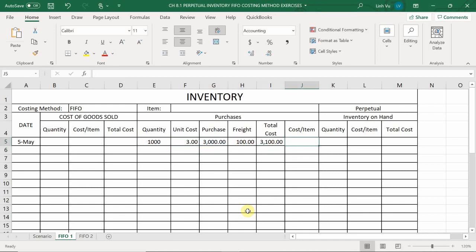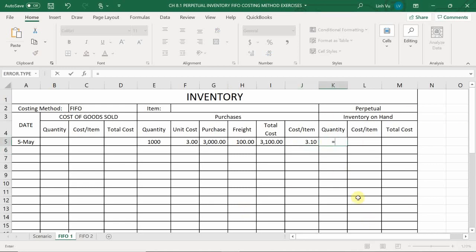And 3.1, right? It's going to cost me $3.10 for each item here. Because we have this batch of inventory, I'm going to go ahead and carry that amount over into my inventory on hand.